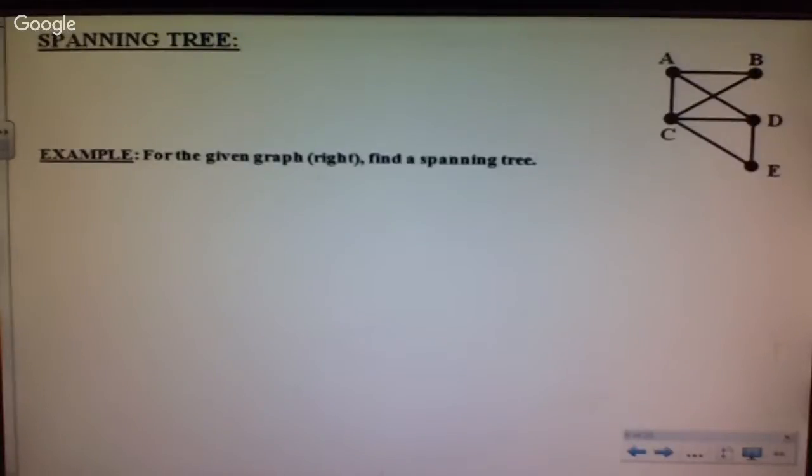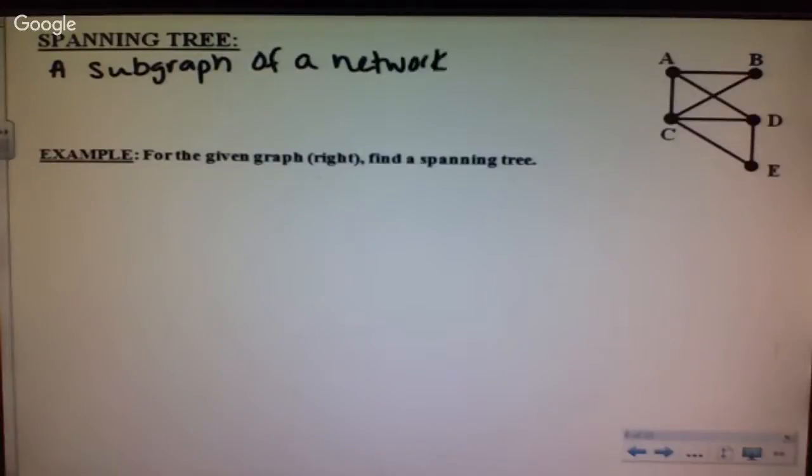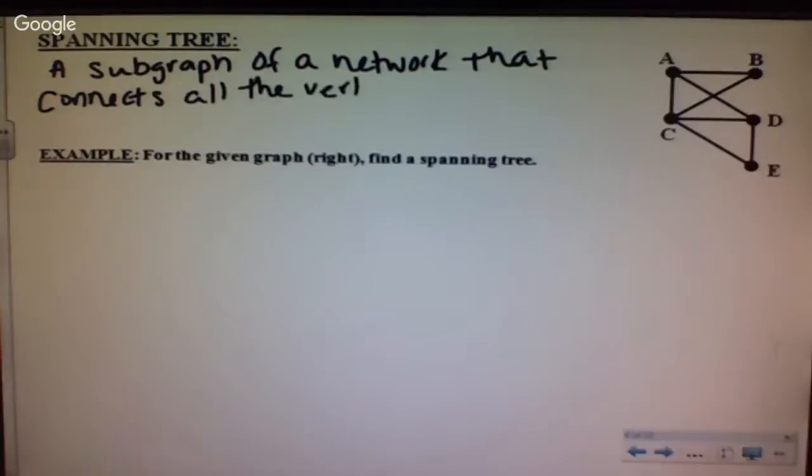Okay. We have a special kind of tree. They're called spanning trees. A spanning tree, your formal definition, is a subgraph of a network that connects all the vertices and has no circuits.